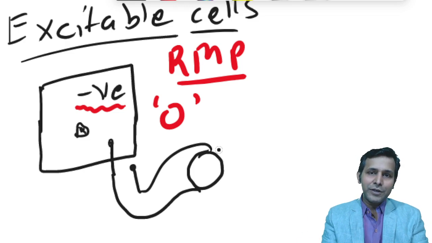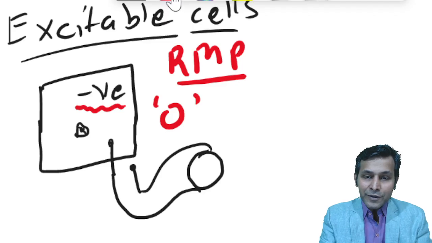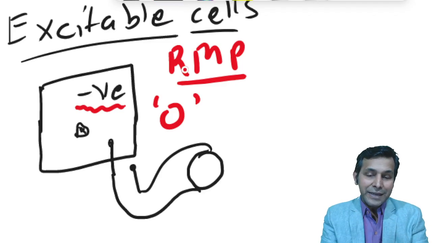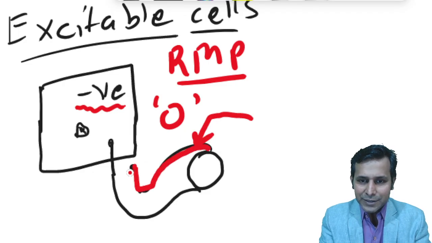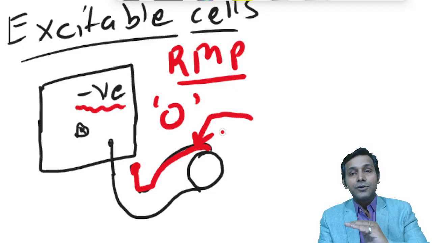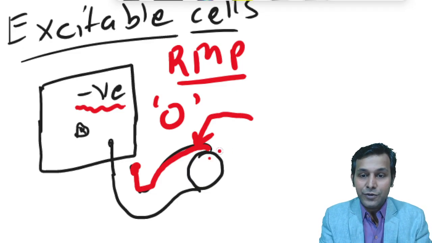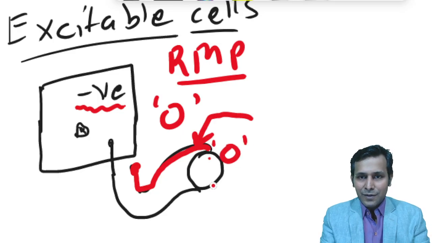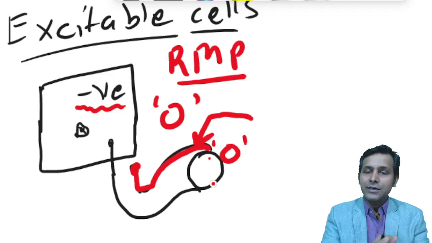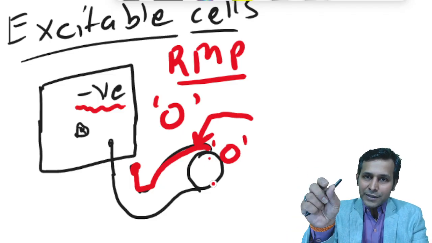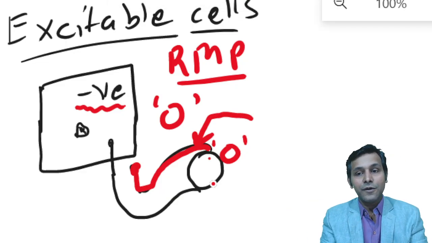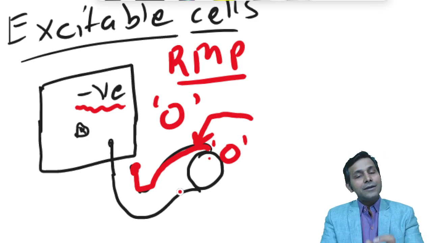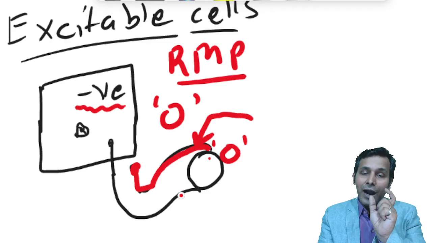With some instrumentation, we will make the outside electrode neutral, or an electrode which gives you 0 voltage. So whatever be the outside voltage, we will not consider that. We will nullify it and bring that voltage to 0, and then we will see what is the difference now. Whatever difference you observe at this point will be the RMP.